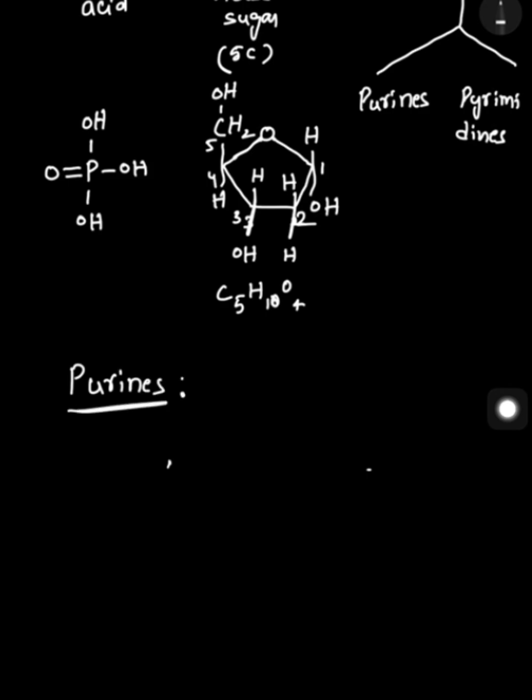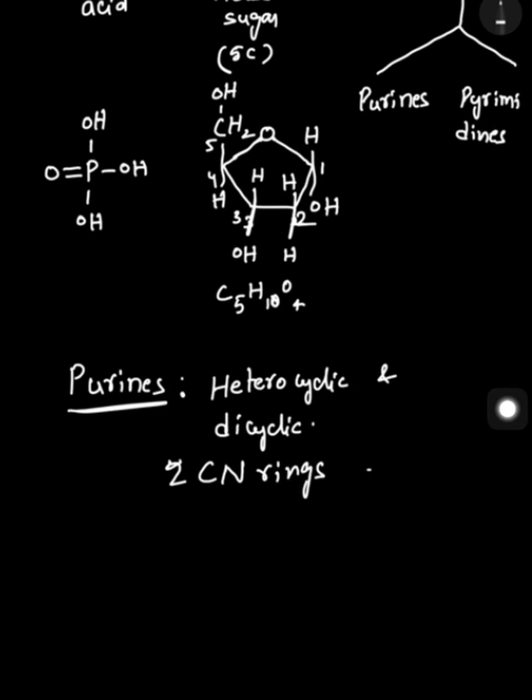Purines are heterocyclic compounds and they have two rings, so we can say dicyclic compounds, heterocyclic and dicyclic. They have two rings which are made up of two different elements, carbon and nitrogen. That's why heterocyclic and dicyclic.